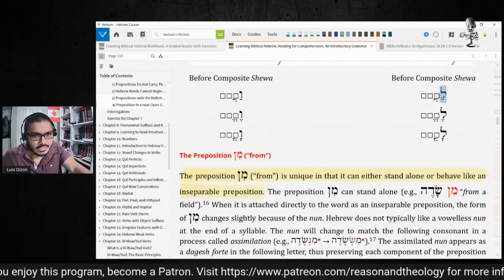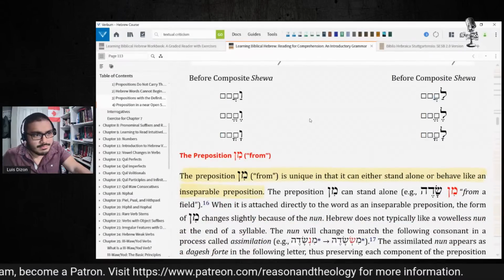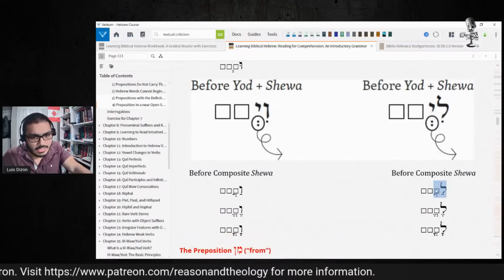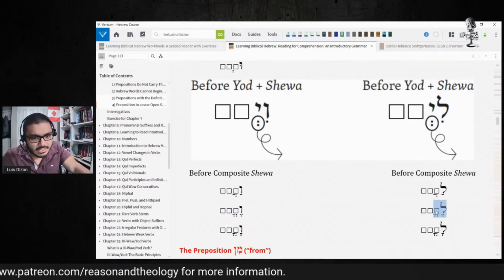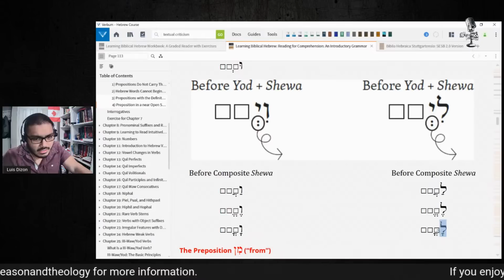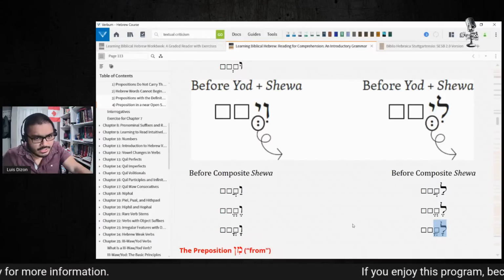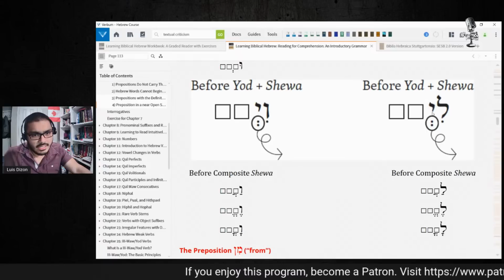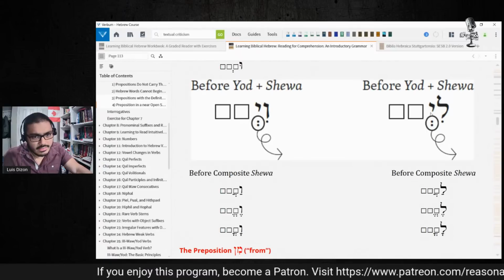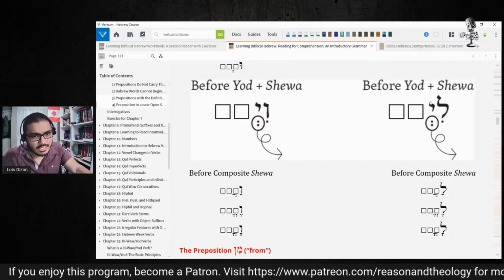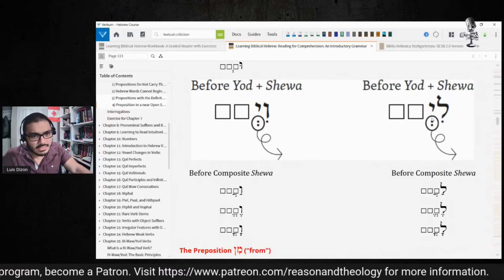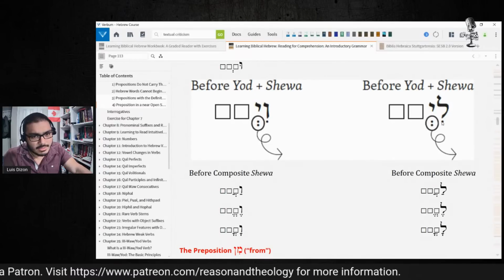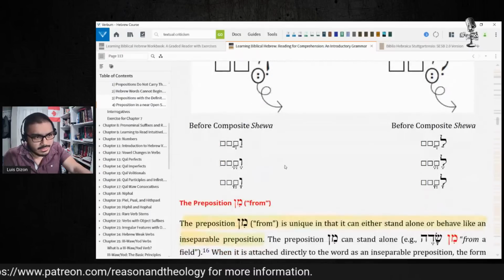And how it changes is usually, for example, before a composite shva, it takes on the vowel that the shva is attached to, or if it's a yod with a shva, the preposition just becomes a hirek, and this shva disappears.